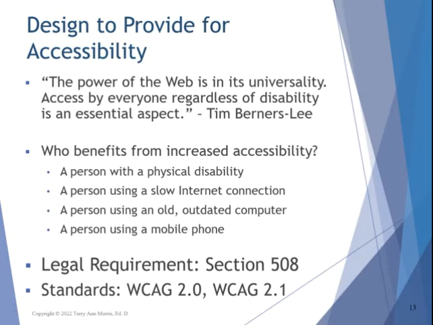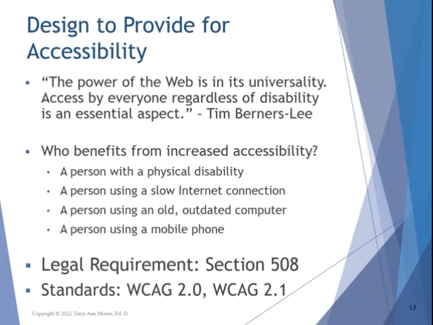Design to provide accessibility. The power of the web is in its universality, such that it is accessible by everyone regardless of disability, because accessibility is an essential aspect, as quoted by Tim Berners-Lee. Which users benefit from increased accessibility?